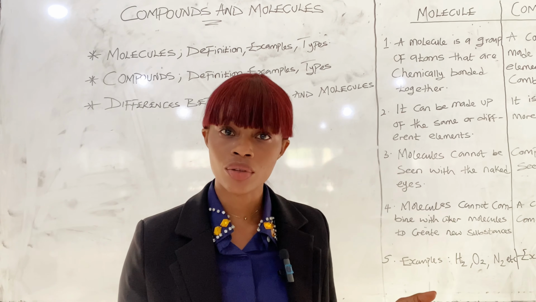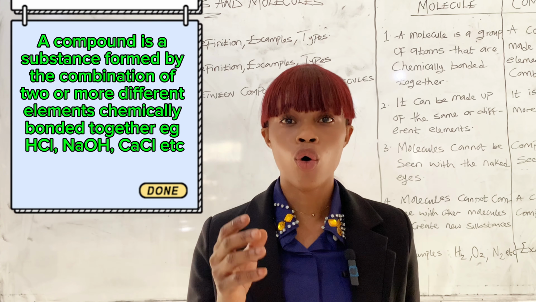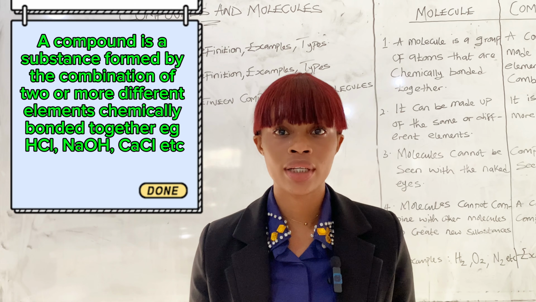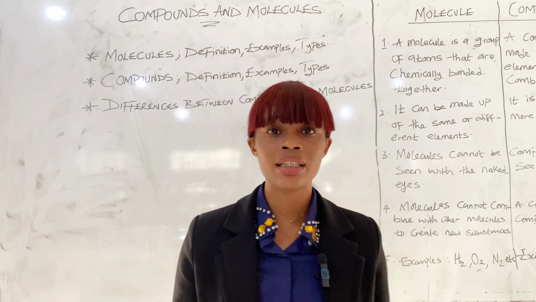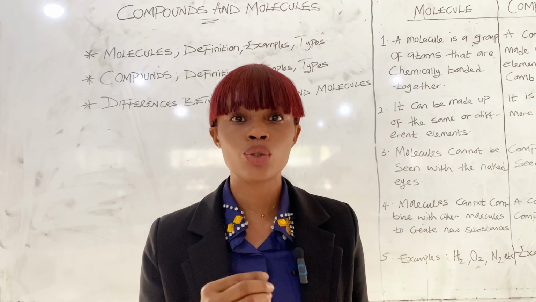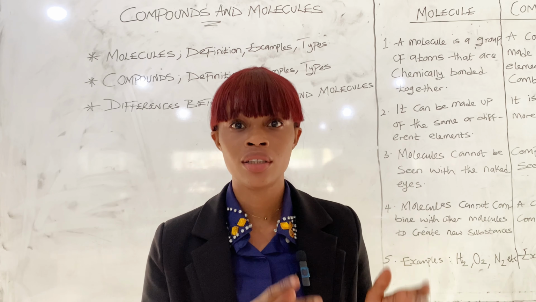So what is a compound? A compound can be defined as the combination of two or more elements chemically joined together. A compound is a substance formed when two or more different types of elements chemically join together.